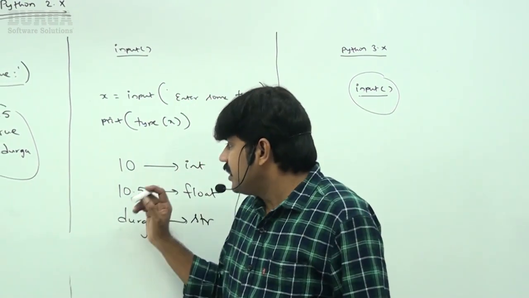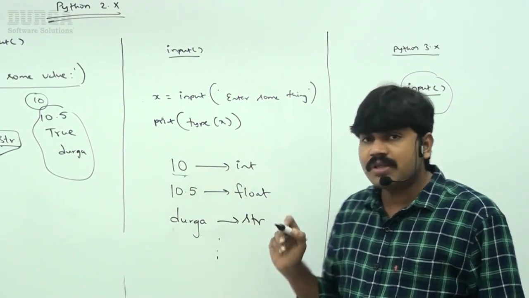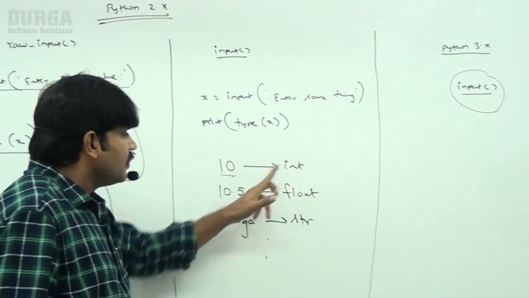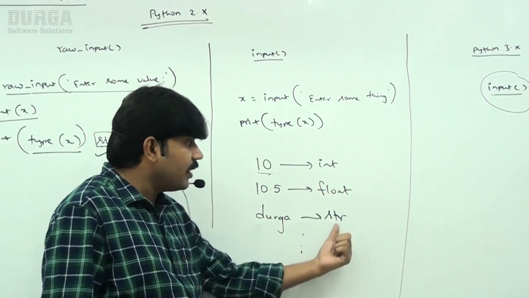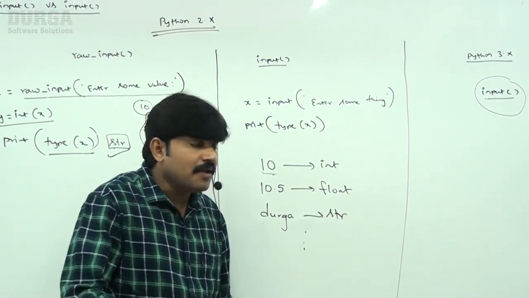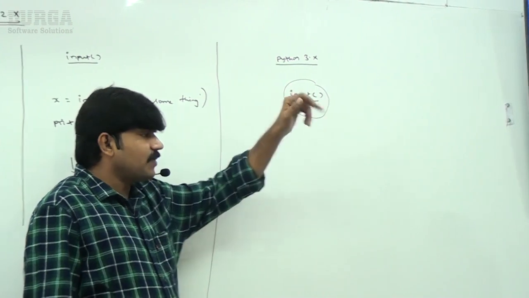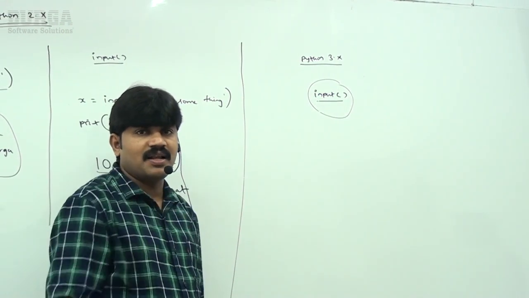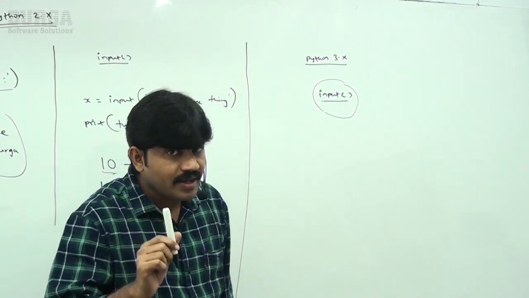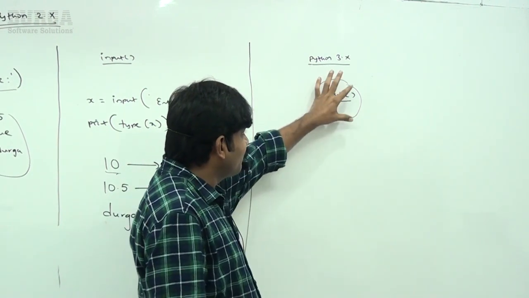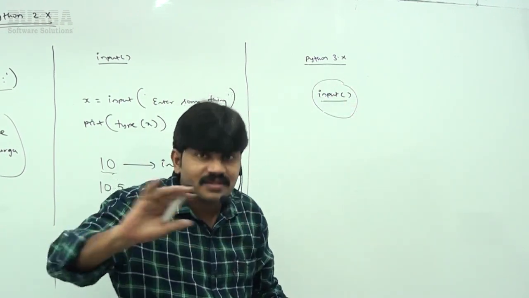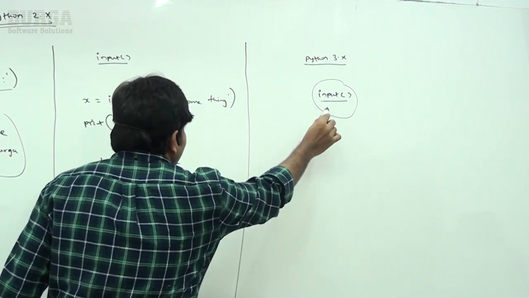If you provide an int value, the return type will be int. If you provide 10.5, float. If you provide Durga, string, then str type. Is the same story applicable for the Python 3.x input function or not? Take very special care. The Python 3.x input function is not the same as the Python 2.x input function.